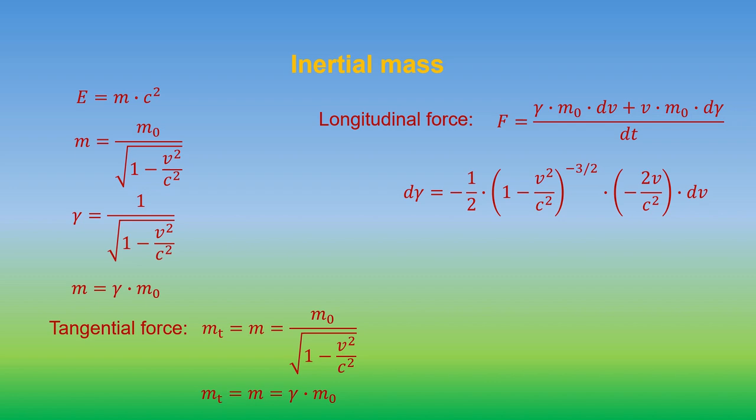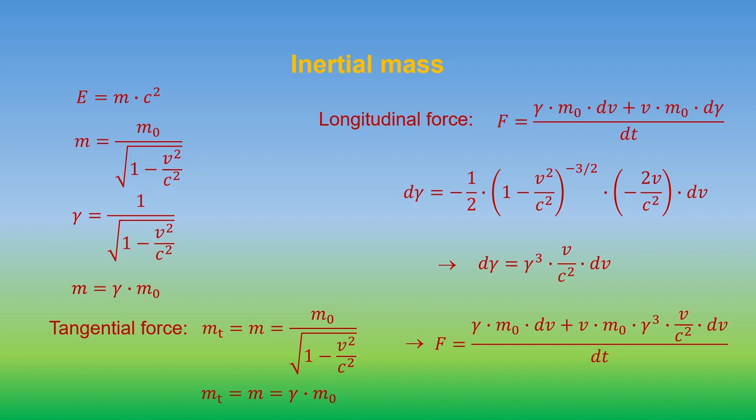The first factor between brackets is gamma to the third. Also, we can cancel out the minus signs and a factor 2 in the numerator and denominator. That leads to d gamma equals gamma cubed times v over c squared times dv.